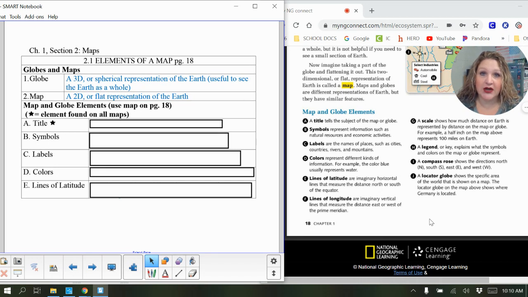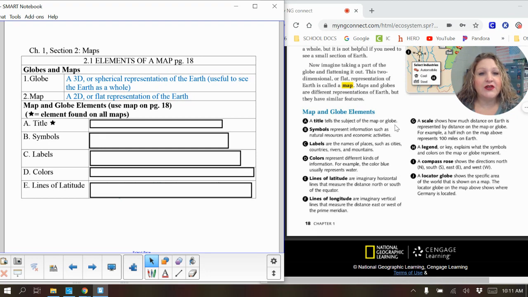You are going to come across some maps that don't have all of these things, but these are the very basic things that should be on a map. Now you might see some other sources that say there are 5 basic elements, but the 5th one that they're talking about is really a border, and I don't think that that's super important. So we're going to focus on these 4 basic elements, but we're going to talk about all of the elements that are on a map.